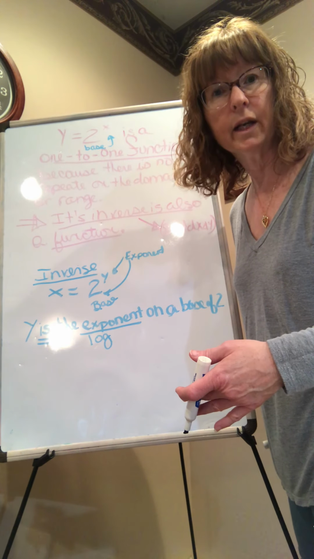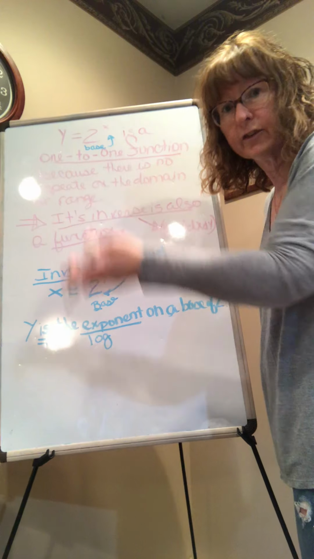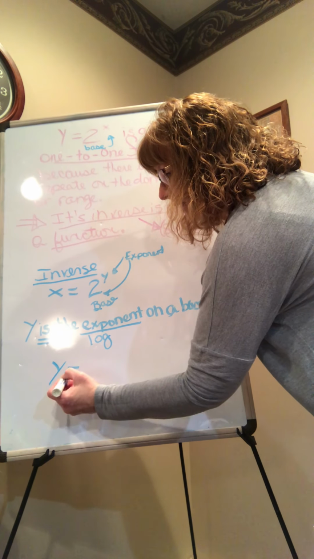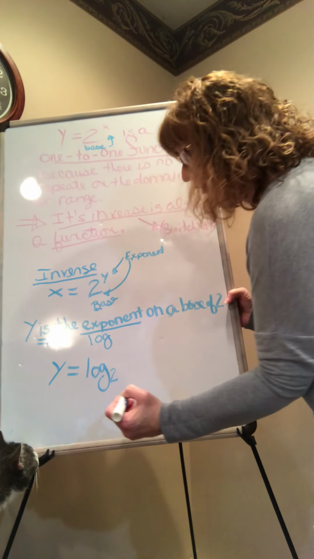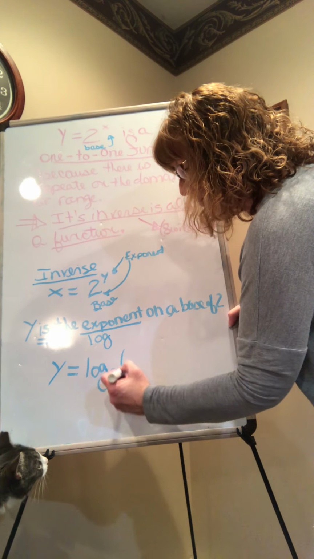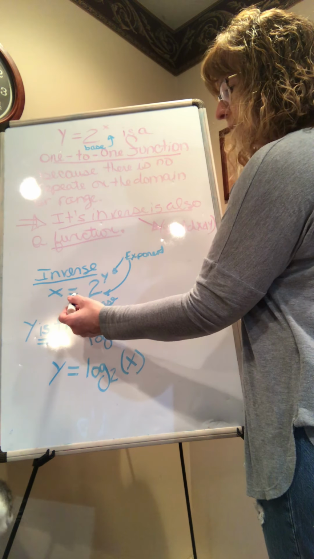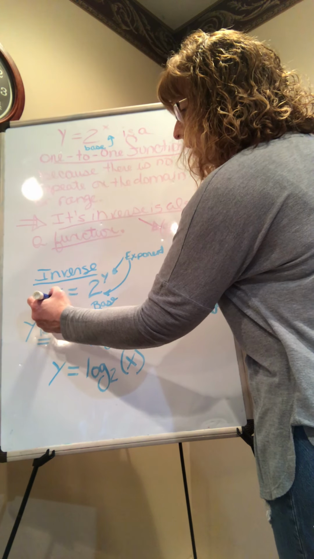They're synonyms of one another. So now again, since I'm reading from the vantage point of the exponent down to the base, y is the log on a base of 2 for the power of x. Remember, the answer to an exponent problem is called the power.